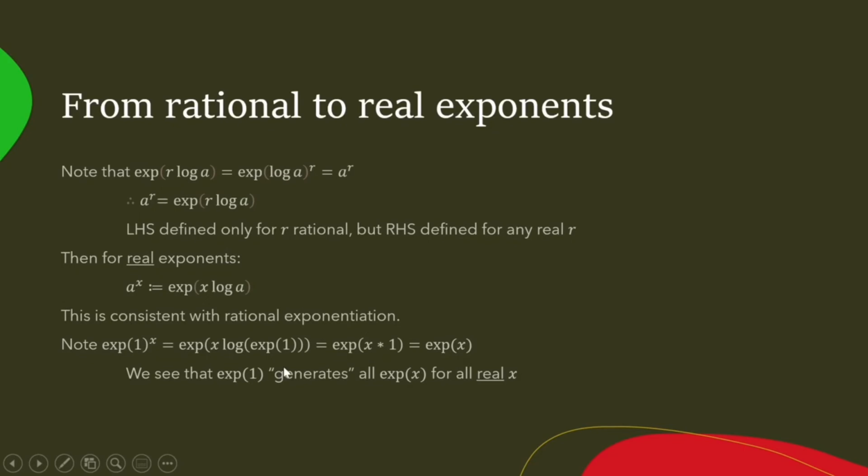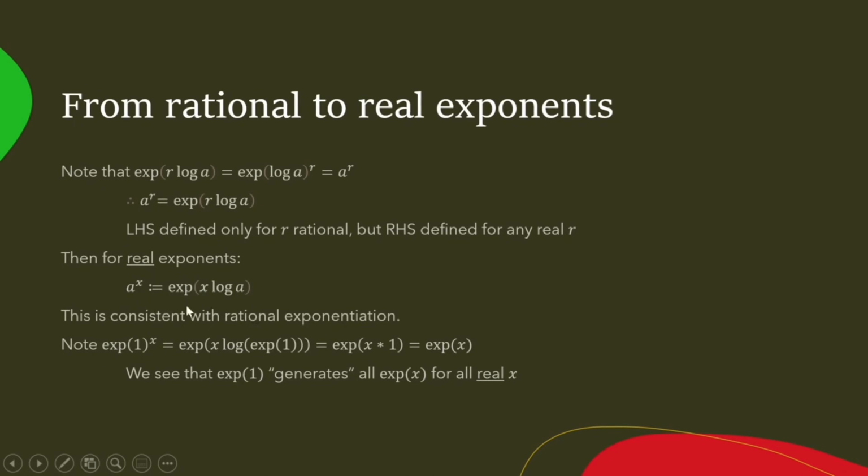And then if you want to know what exp of x is, all you do is you just raise this number, exp of 1, to that power, and that will give you the quantity exp of x. So everything is based off of this single number exp of 1, and in this sense it generates it. So again, when we say raise it to the exponent of some number x, it's given by this definition here.